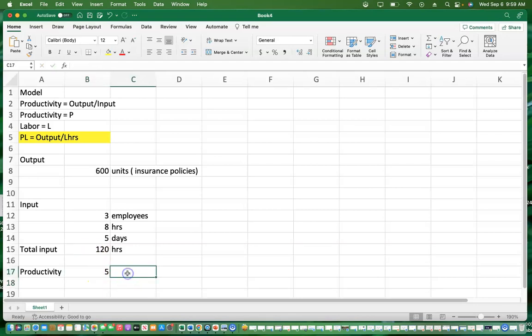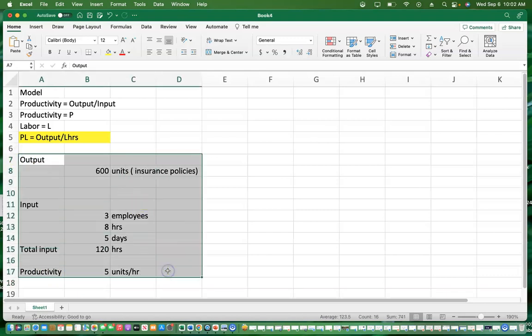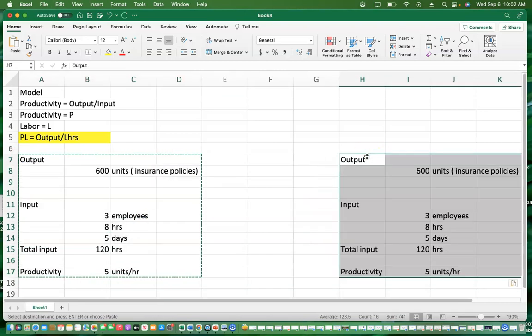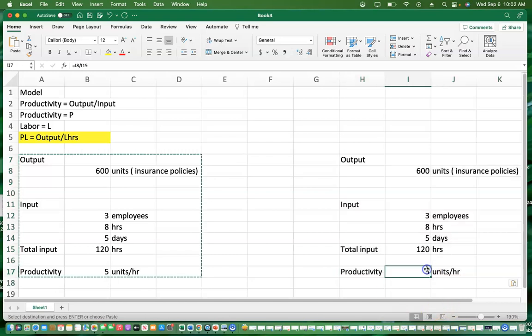So the units are insurance policies per hour, which means productivity of labor will be 5 units per hour. I'm going to copy what we have done, keep it somewhere else, and paste it there. That's the solution to what was asked.